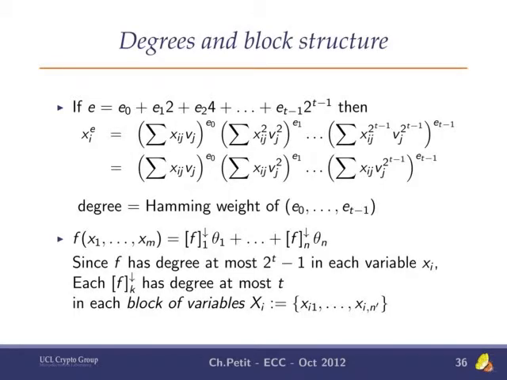If we generalize that, starting from the polynomial f that had degree at most 2 to the t minus 1 in every variable, we get that the Weil descent component had degree at most t in every block of variables, every block of variables corresponding to the different variables over F2 to the n. So the total degree is nt, but this degree can be decomposed into different blocks.